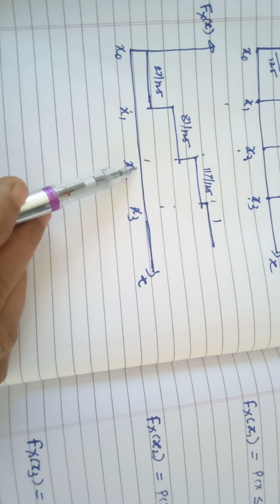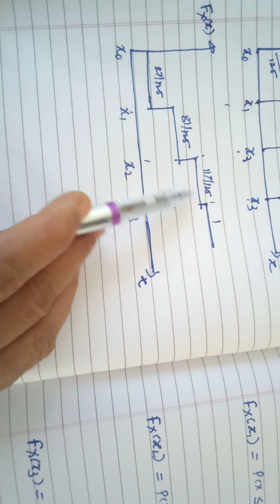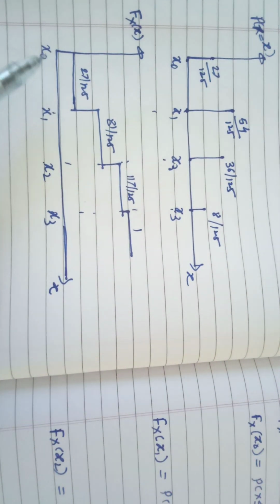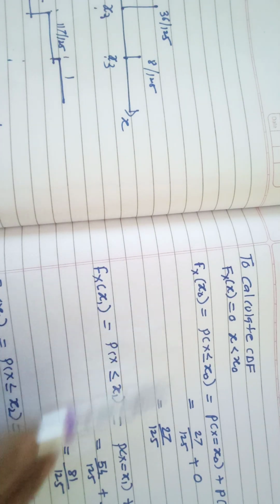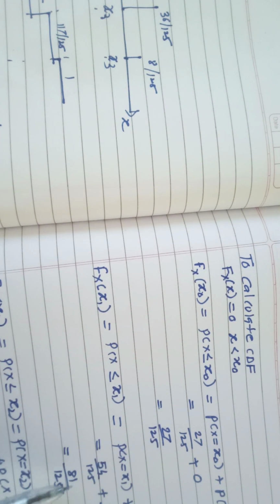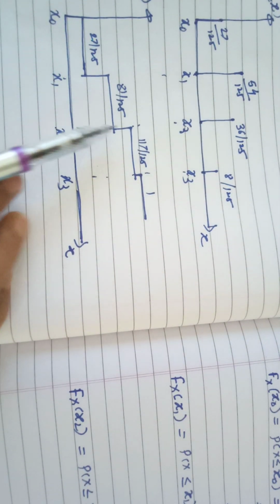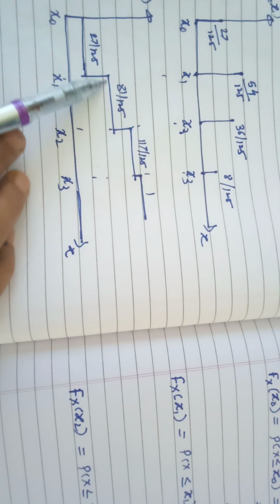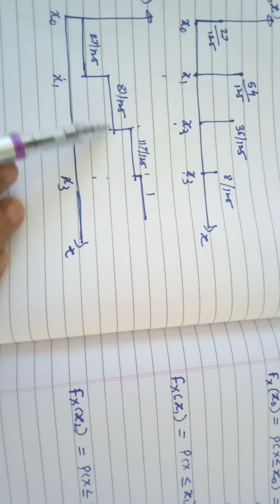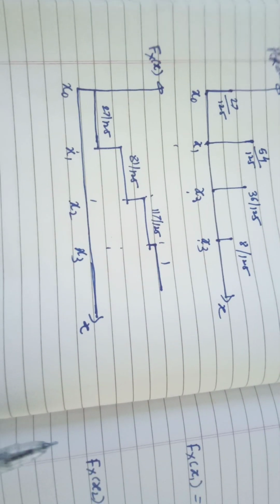F_X of x3 is equal to 1. At x0 it is 27 by 125, which you have to copy, then x1 is 81 by 125, then x2, then x3, and in between, it is constant at that value. So this is the CDF graph.